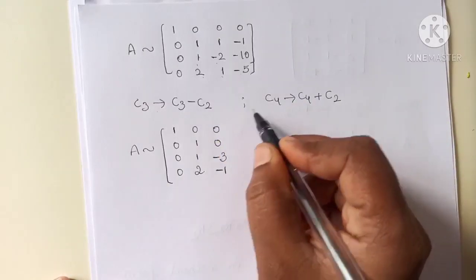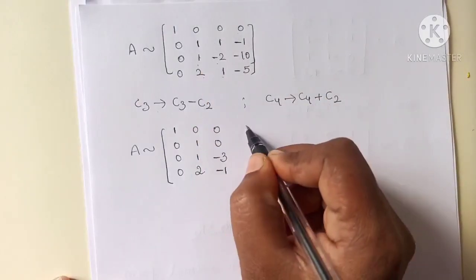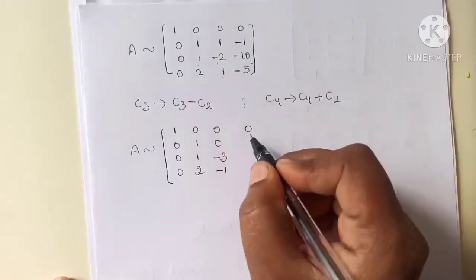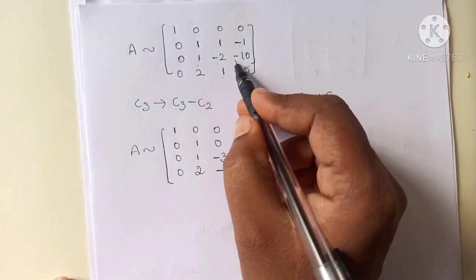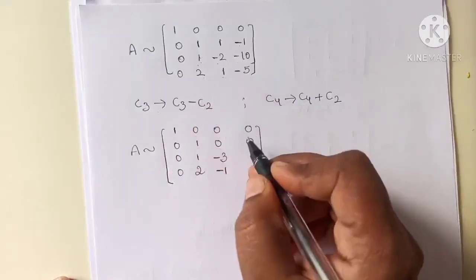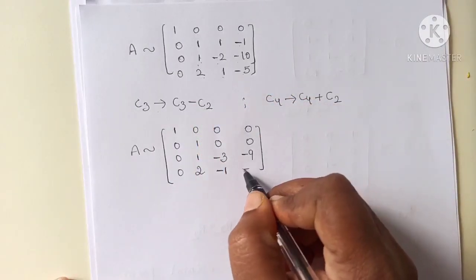Next, C4 equals C4 plus C2: 0 plus 0, 0, minus 1 plus 1, 0, minus 10 plus 1 equals minus 9, minus 5 plus 2 equals minus 3.